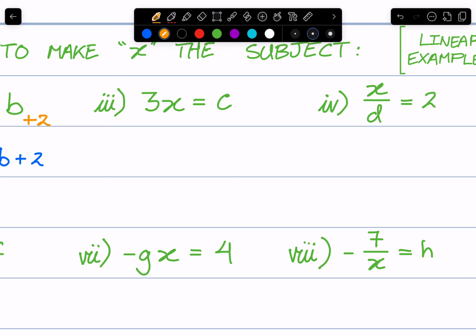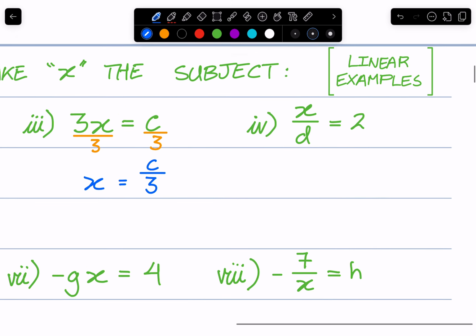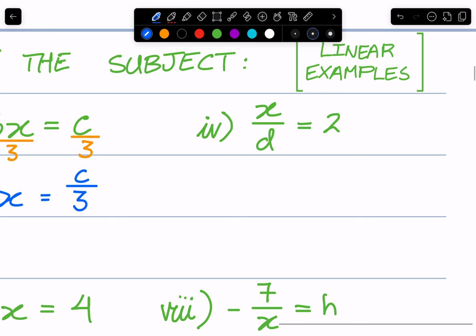This one is 3 times x. So we divide by 3 on both sides. This cancels out the 3's, leaving us with x on its own, and we write this as c over 3. And for this last one, we have x divided by d.